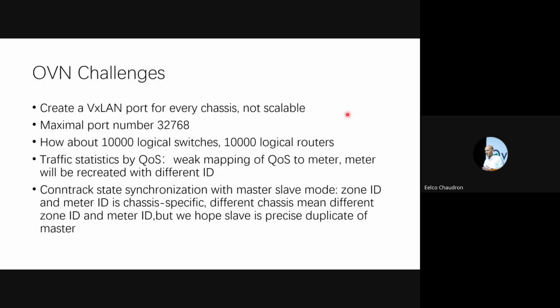Yeah, but OVN also has some issues when it is used in a large-scale production system. It creates a VXLAN port for every chassis. It is impossible if we want to connect 100,000 chassis to one NAT gateway, because the maximum port number allowed is 32,768.